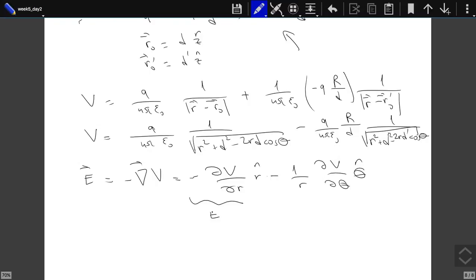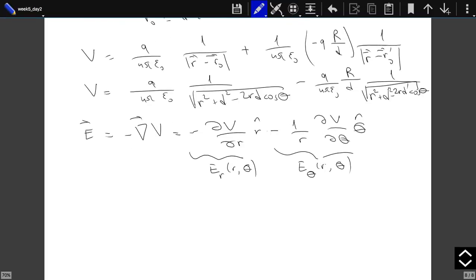So this is my E_r at the point r, theta. This is my E_theta, again at the point r, theta. E_theta, when r is equal to the surface, whatever the value of theta is, is 0.